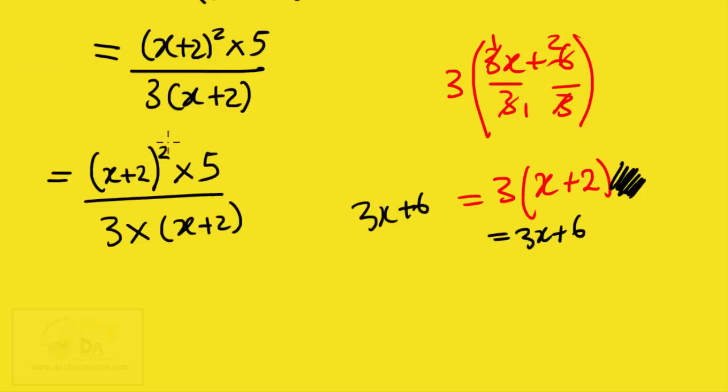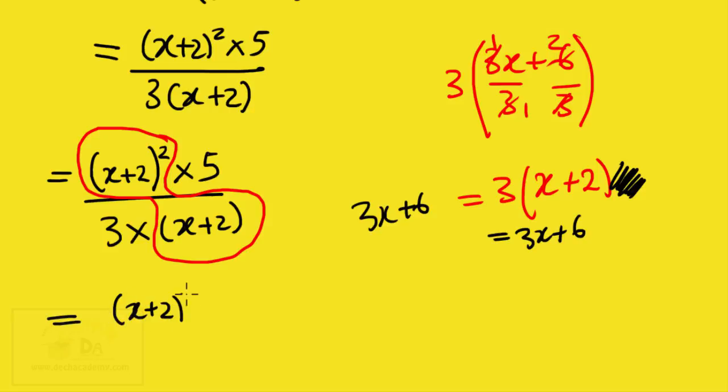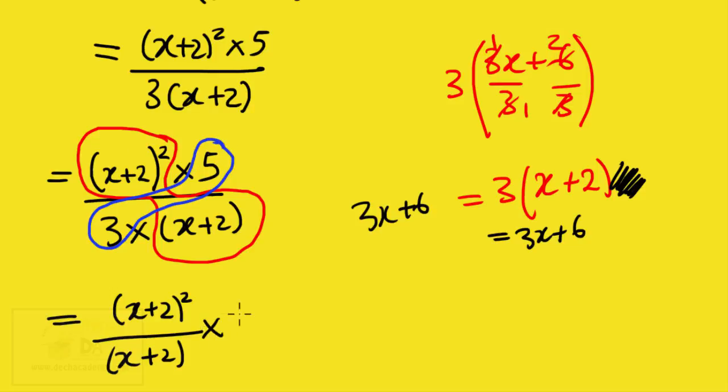We can form a fraction with this numerator term and this denominator term, and that fraction is x plus 2 raised to the power of 2 divided by x plus 2. We can also form a fraction with 5 and 3. 5 divided by 3.